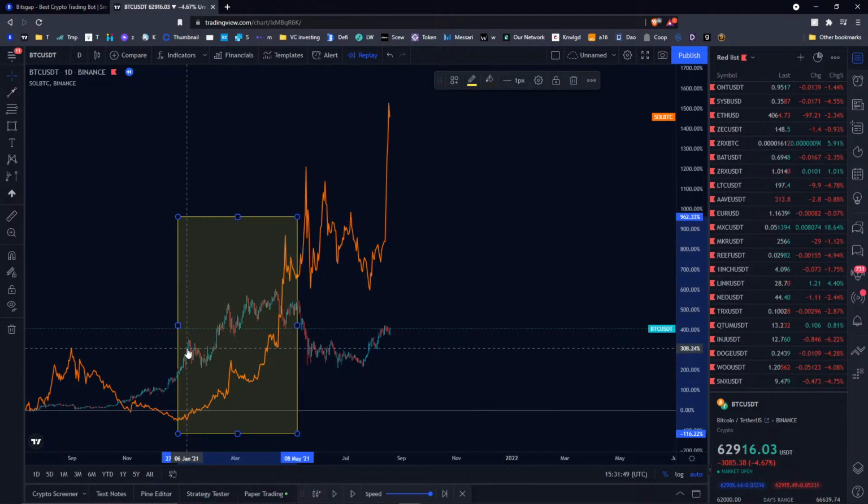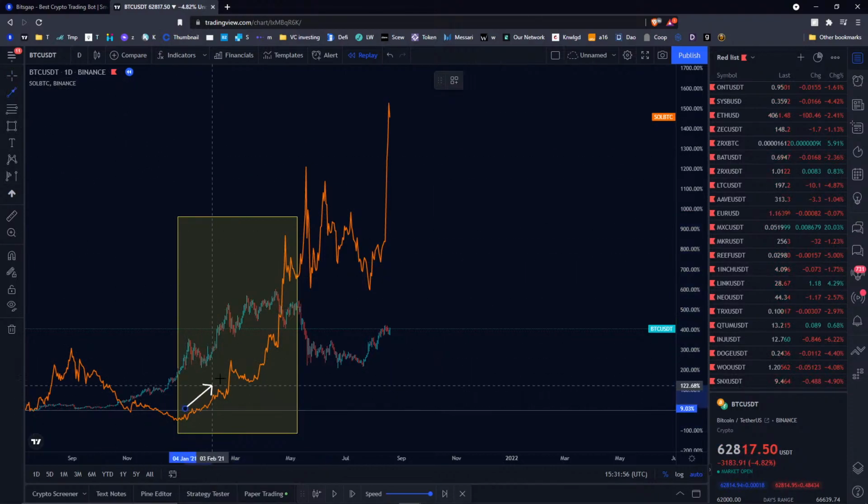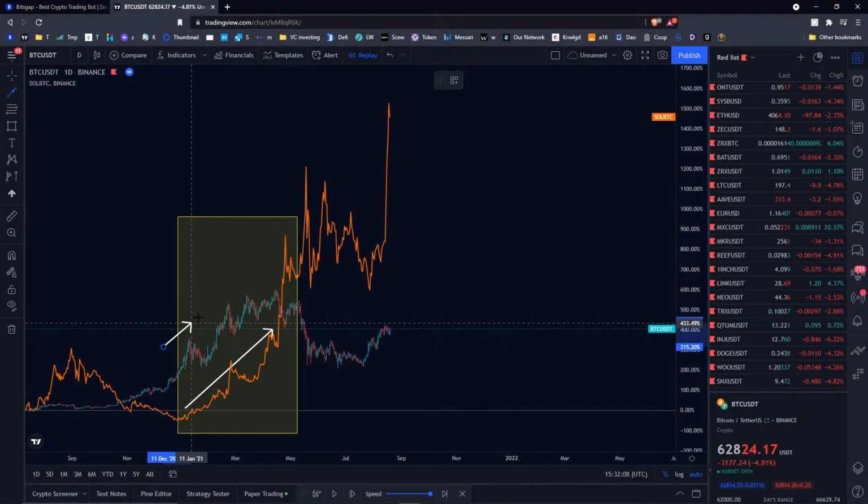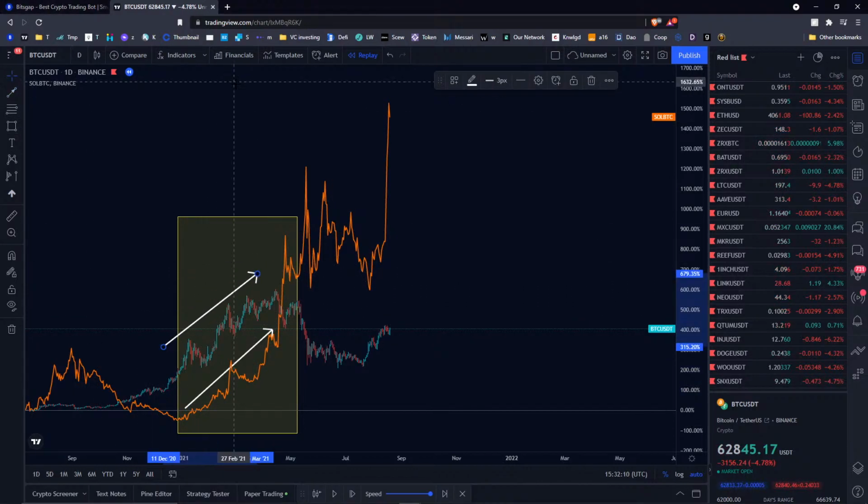So you could see that the rate of Solana to Bitcoin appreciated from the 4th of January 2021 up until around 20th of April. And at the same time, the value of Bitcoin has appreciated relative to USD.